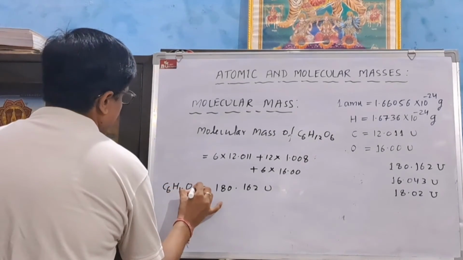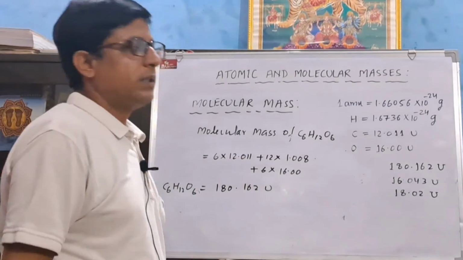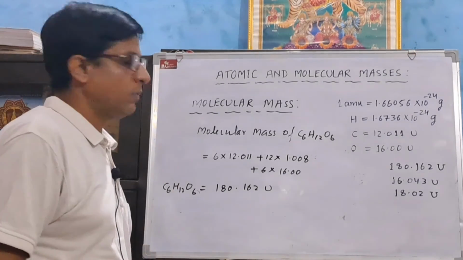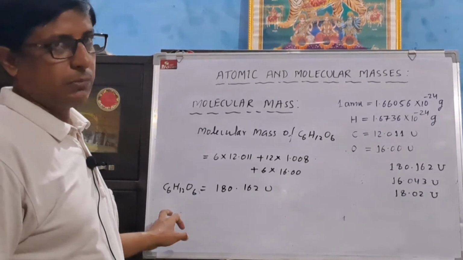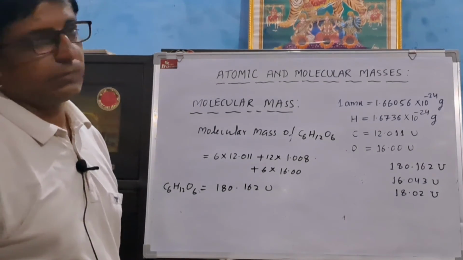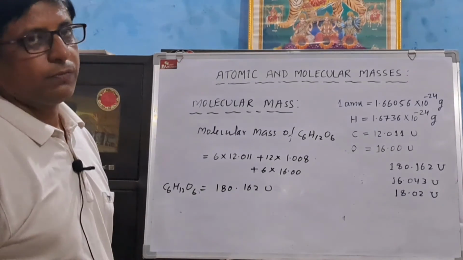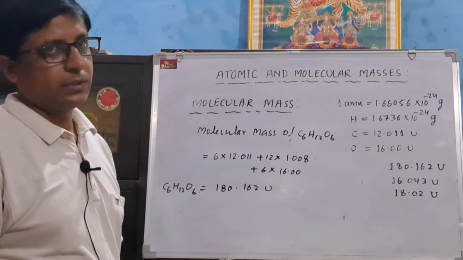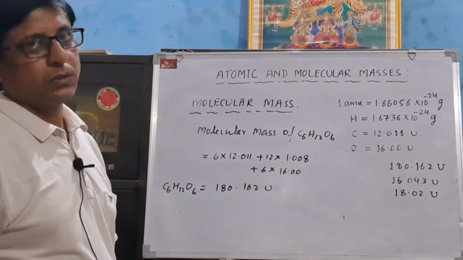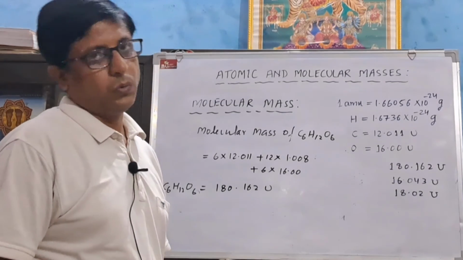Therefore, the molecular mass of glucose is 180.162 u. It has the molecular formula C6H12O6. There are 6 carbon atoms, 12 hydrogen atoms, and 6 oxygen atoms. We simply multiply the atomic mass of each element by their numbers, and after the addition we get the molecular mass of glucose.